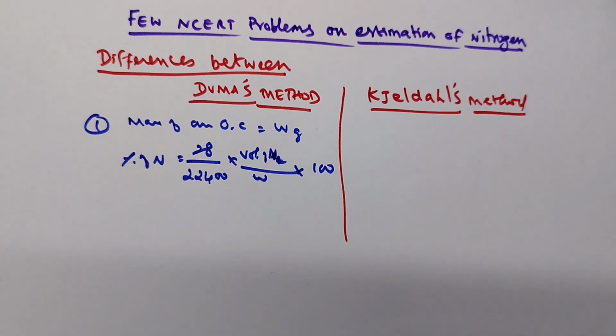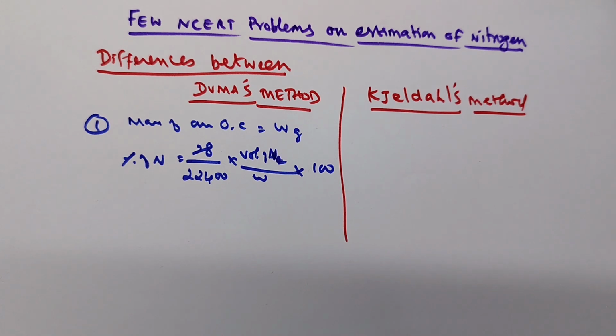The ammonium sulfate is treated with an excess of sodium hydroxide, so ammonia is liberated. The ammonia gas is passed through a condenser circulated with cold water, where it is collected in a known volume of sulfuric acid or HCl.